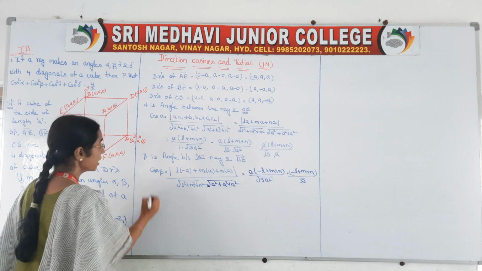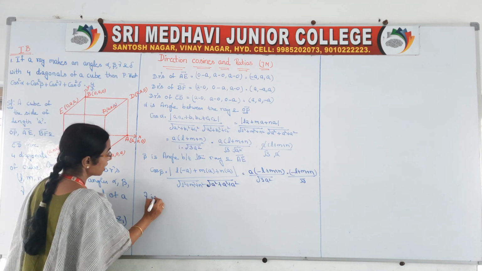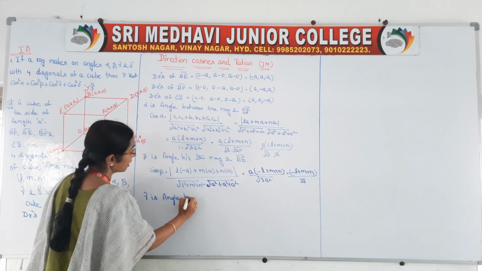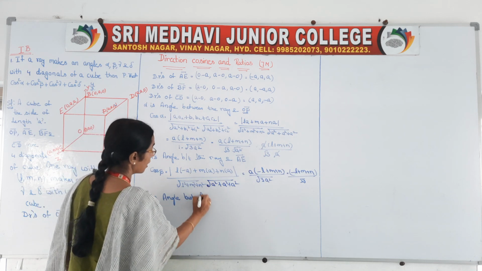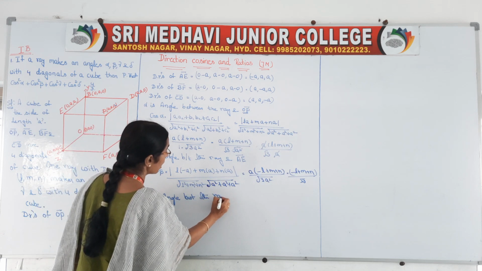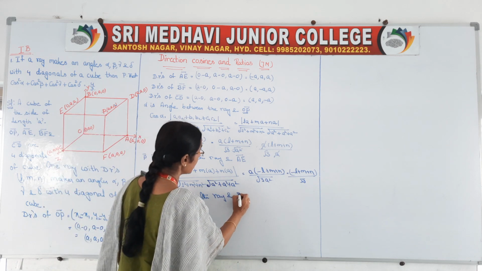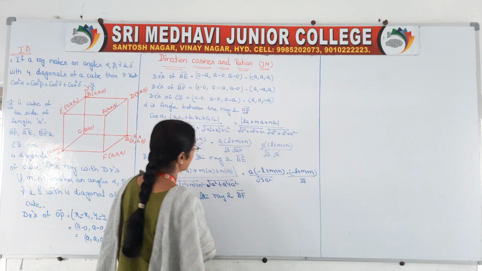Okay, similarly you take gamma. What is gamma? Gamma is the angle between the ray and the third diagonal. What is the third diagonal? It is BF bar.